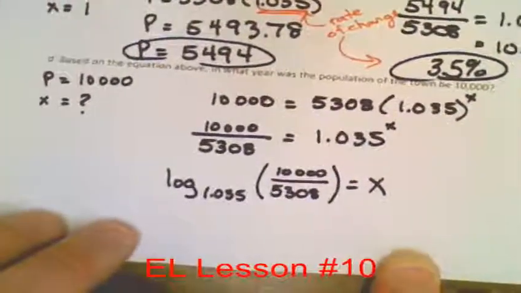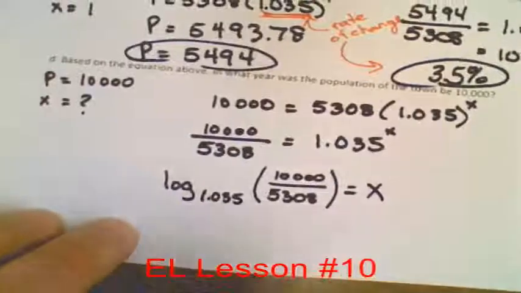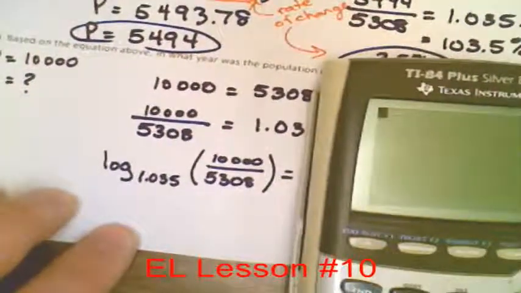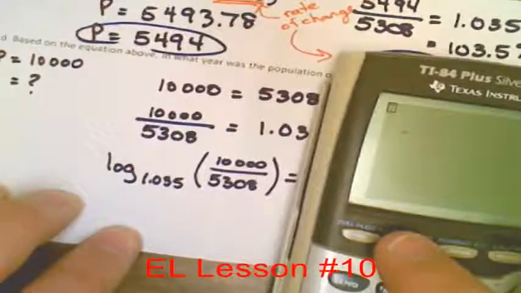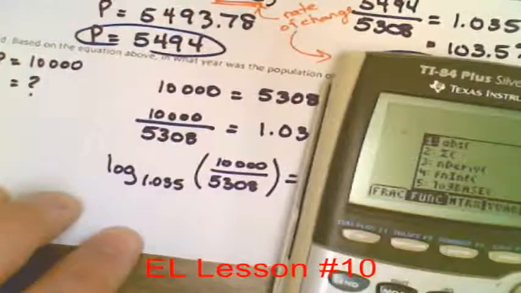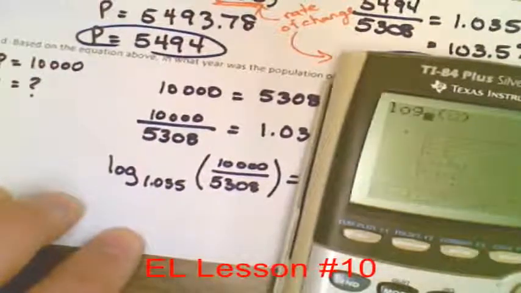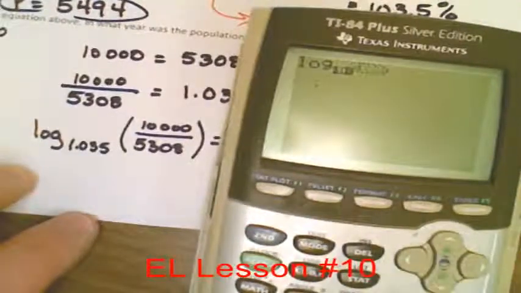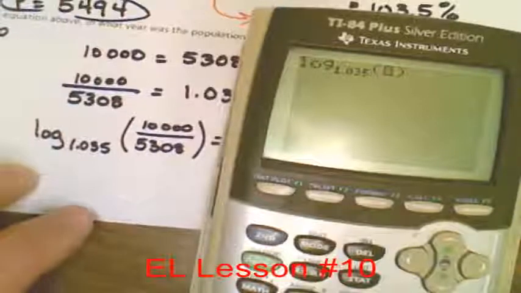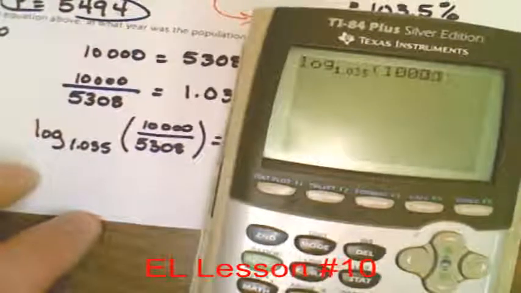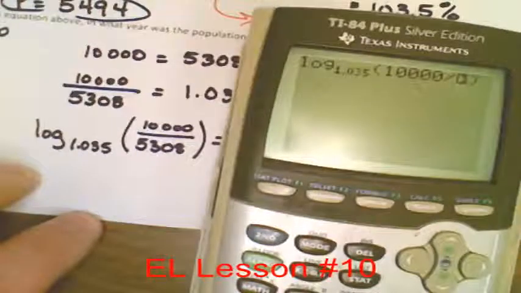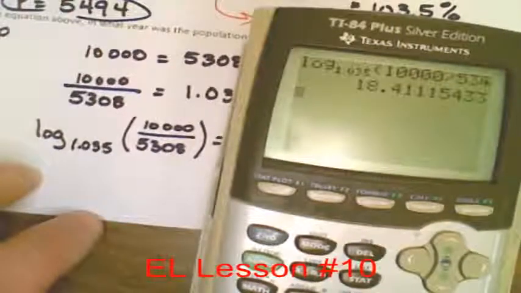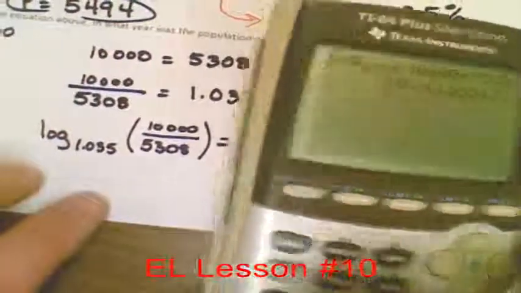Then from there I've got to solve this. You could take the log of both sides. I'm going to convert it to logarithmic form. So I'm going to end up with the log base 1.035 of 10,000 over 5,308 equals x. And all I have to do is figure out what this is. Because I have a newer version of the TI calculator, I'm just going to go in here and clean out what's there.